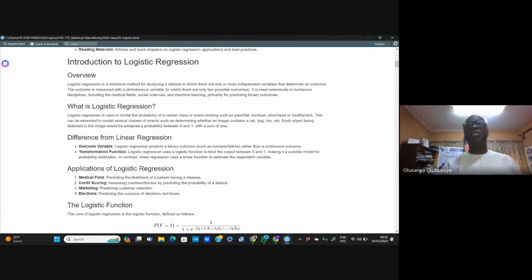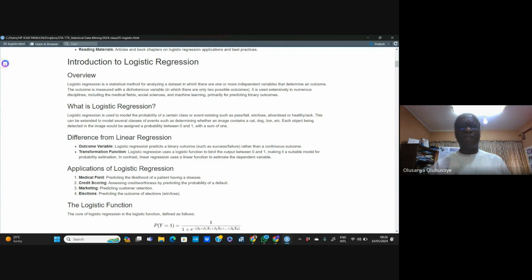Inflation is measured. So they are not discrete, but you can discretize them if you so wish. So, the second difference is the transformation function.